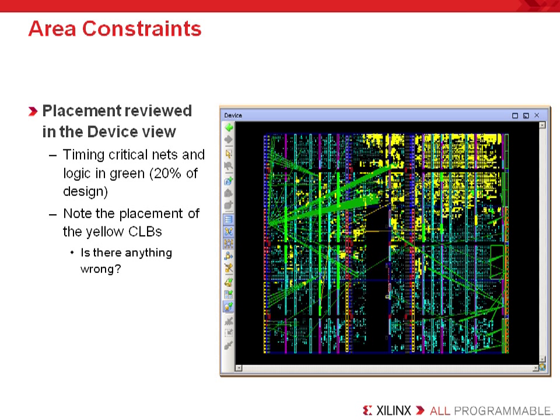Now, in this example, we're looking at the same design we had before, and as you can see here, we have the logic all highlighted in yellow, and all the green represents the routing to the various I/O pins. First of all, note the logic highlighted in yellow and where it's placed on the die. The first thing you probably note is it's really sprinkled all across the die.